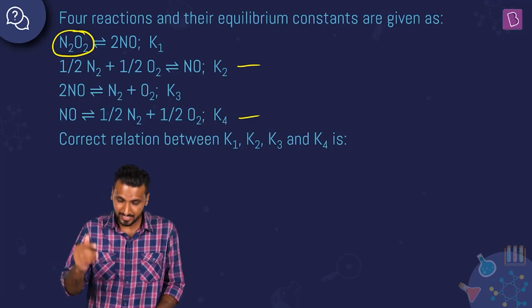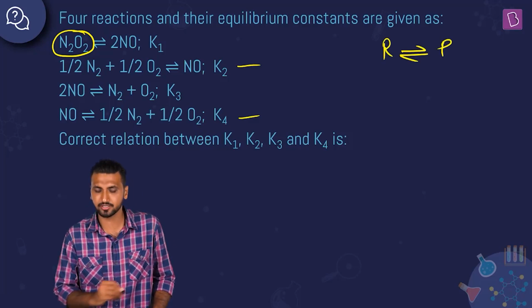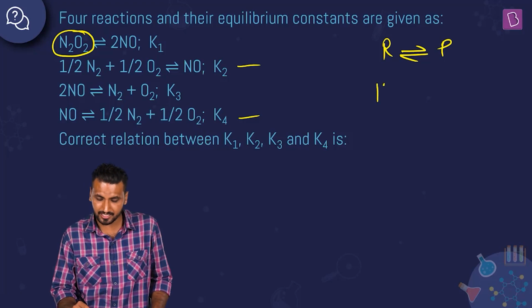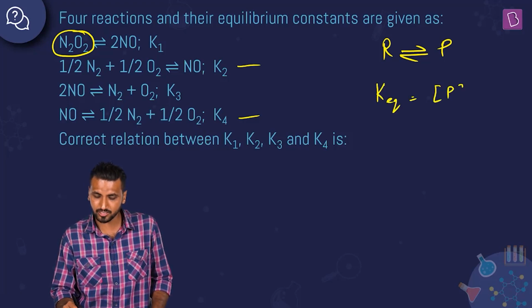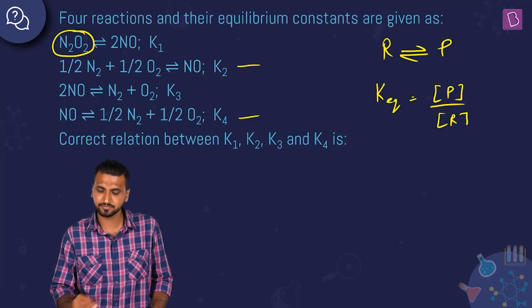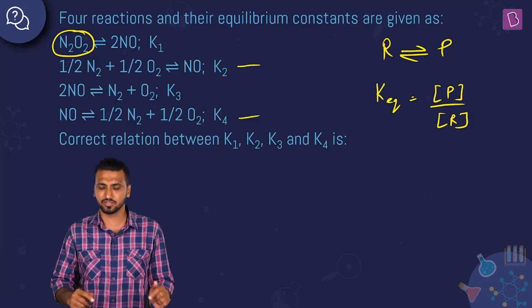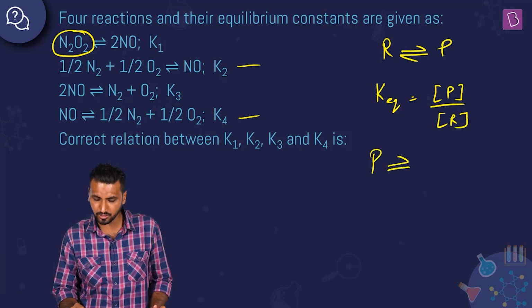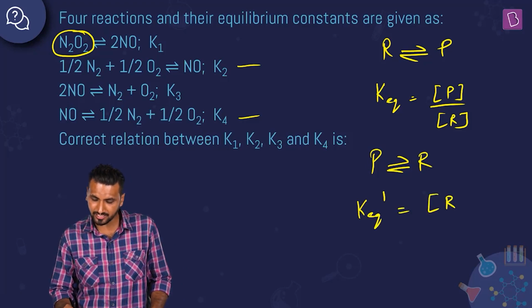Let's take a general case, reactant converting into product. If I write the K equilibrium for this, it will be concentration of product upon concentration of reactant. Make sense? What if I reverse the reaction? Product converting into reactant. Now if I write the new K equilibrium dash, it will be concentration of reactant upon concentration of product.